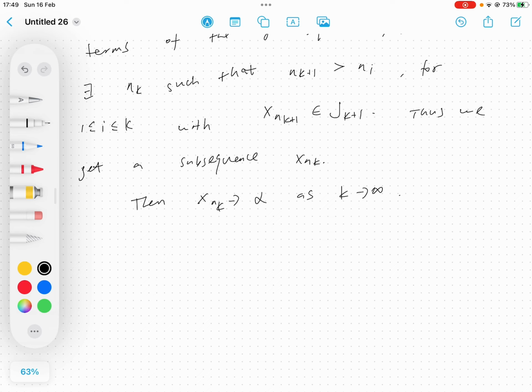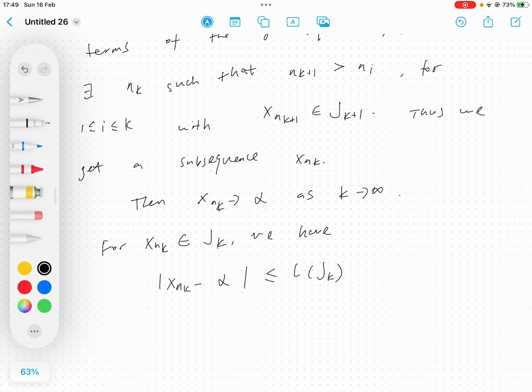And this is because x_{nk} is in Jk, as we mentioned, so the distance |x_{nk} minus alpha| has to be less than or equal to the length of Jk, right?